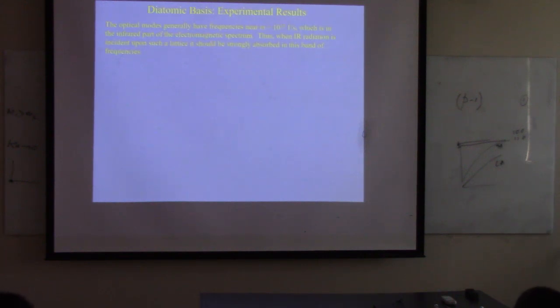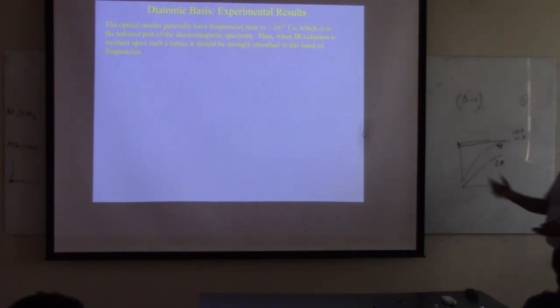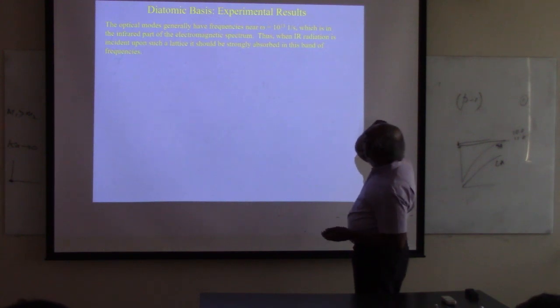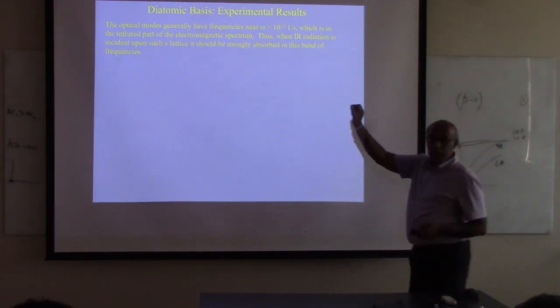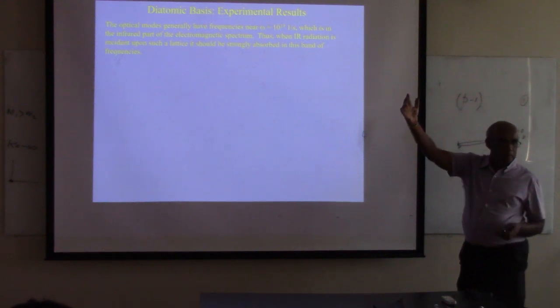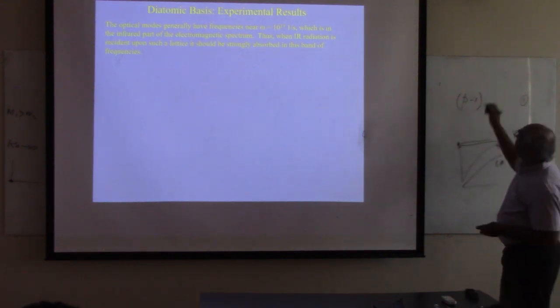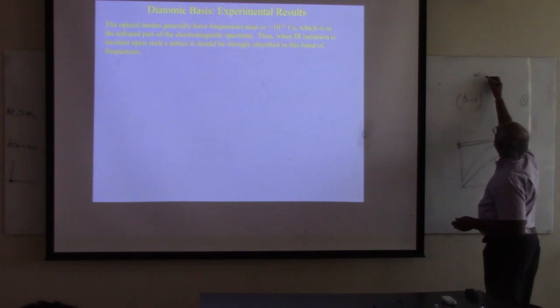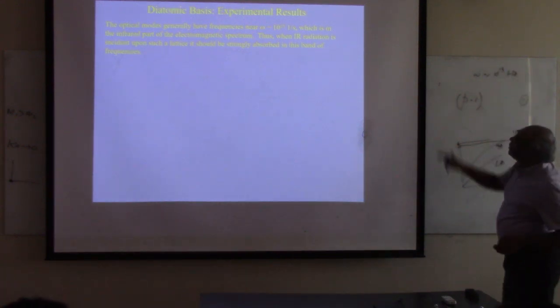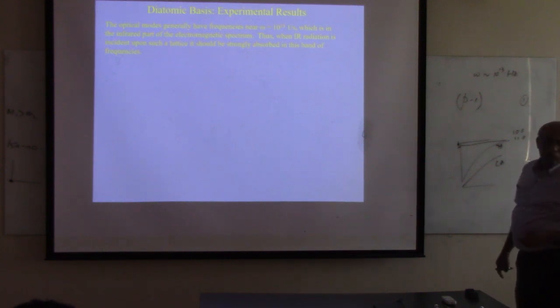Okay, so here people have studied how light interacts with phonons. Like I said, optical phonons have much higher energies, right? Typically they are in the range of 10 to the power 13 hertz kind of frequencies.